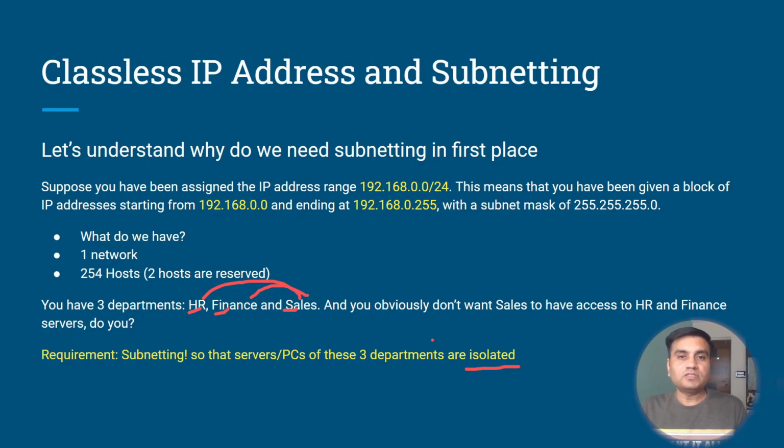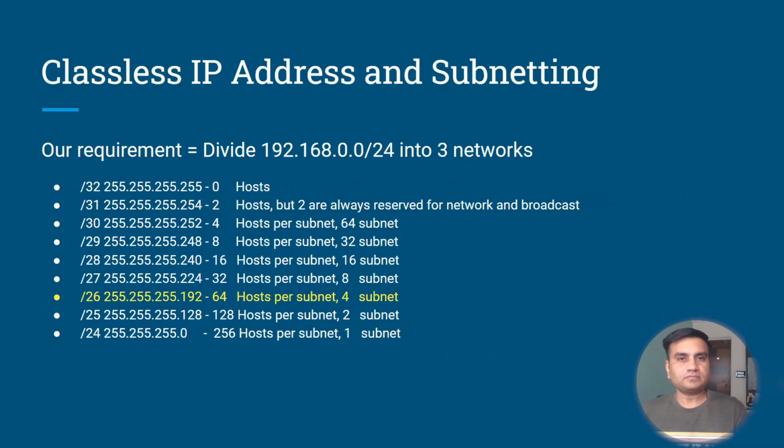I want to put them in smaller, separate networks. They will be sitting in one room only, but their network will be separate. Okay, this is subnetting. Why do we need subnetting in the first place? This is the reason. We want to create smaller networks and segregate the departments. Let us see how it is done.